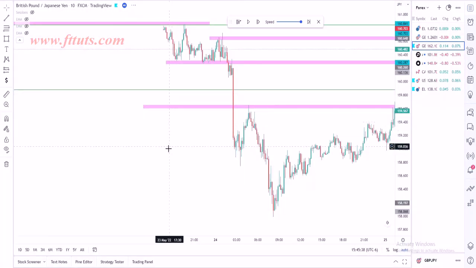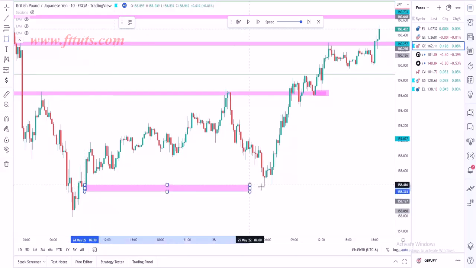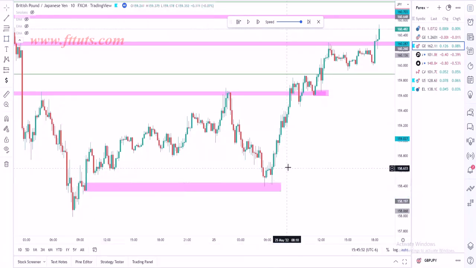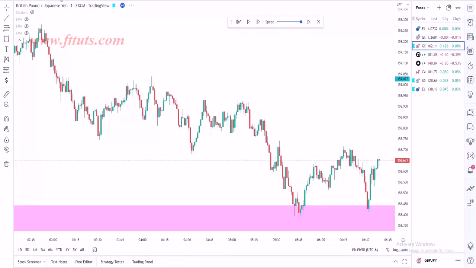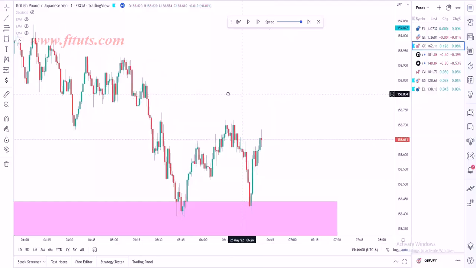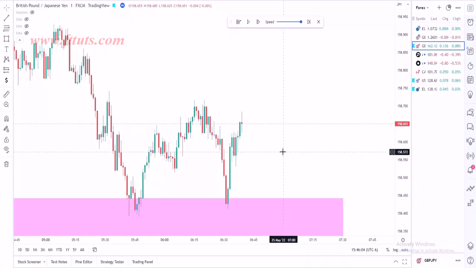So if price makes a dramatic move like that, I'm just going to let it go. I'm not going to try to follow it and make something happen. Let the trades come to you. You can be relaxed when you trade and just wait. Just wait and just watch, just set alerts. No need to push anything. When you start pushing things, that's when you start really losing your butt.